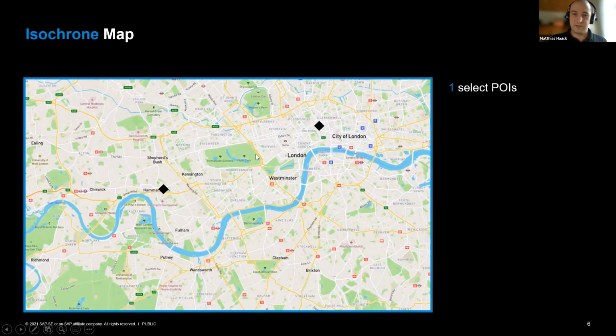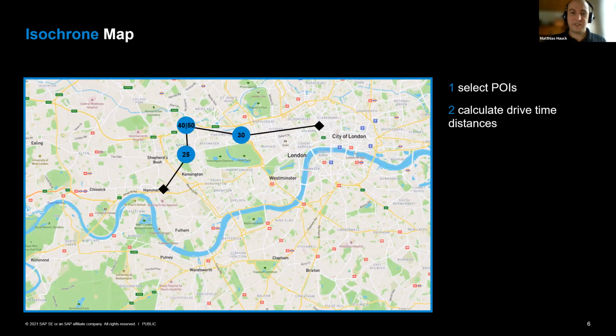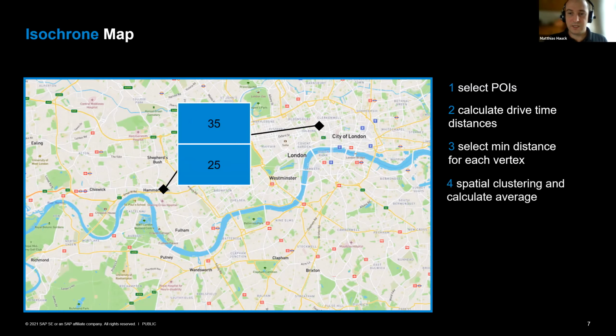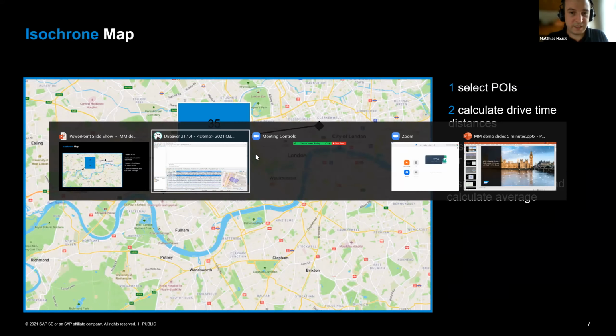Here we select our points of interest, for example, the clinics. We calculate drive distances and then select the minimum drive distance over all of the points of interest we start from. And then we can do some spatial clustering on it to get our map. How does it look in HANA?